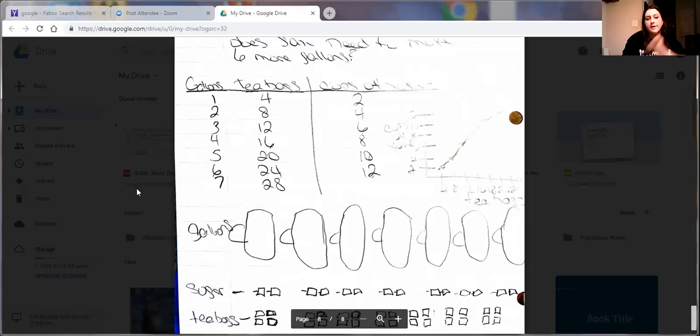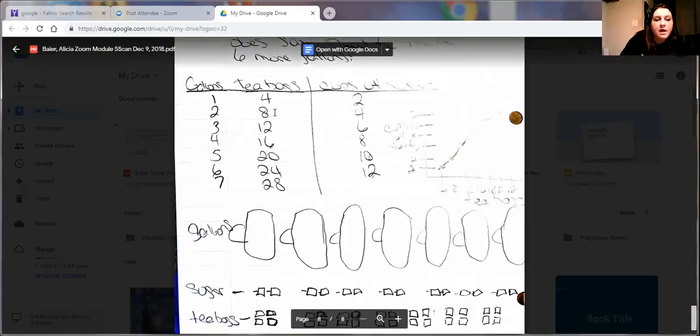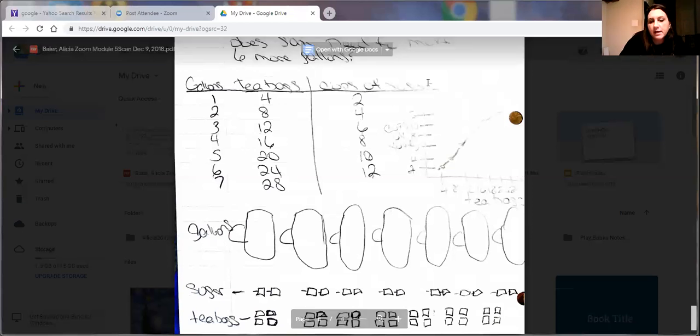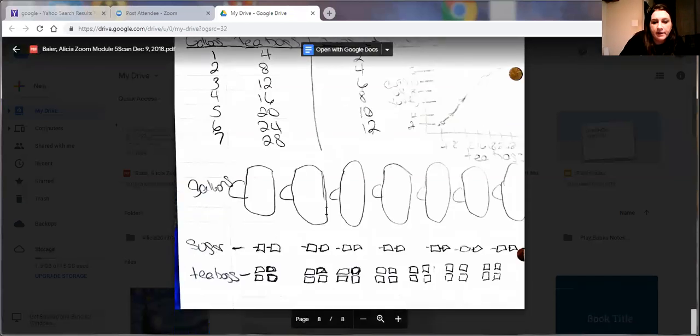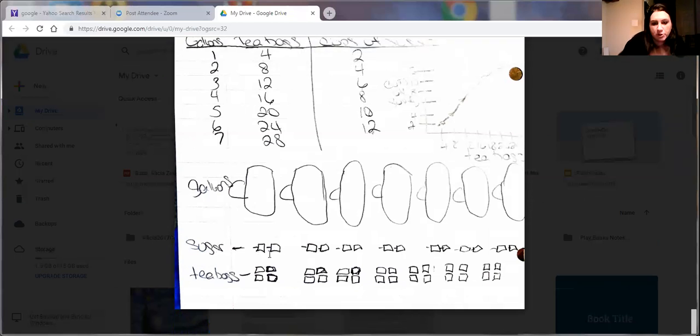Okay. Right here on this one, I made it gallons. I did 1 through 7. Tea bags, I did 4 to 28. Cups of sugar, I did 2 to 14. And then I drew it down here. Here's my jug, and there's each sugar and each tea bag that goes in each jug.